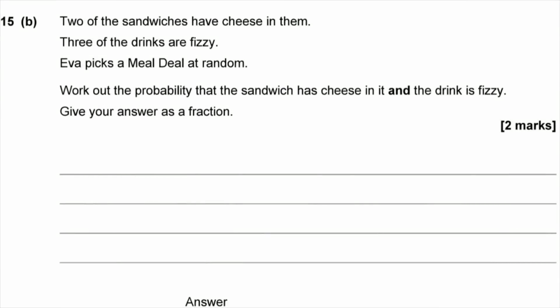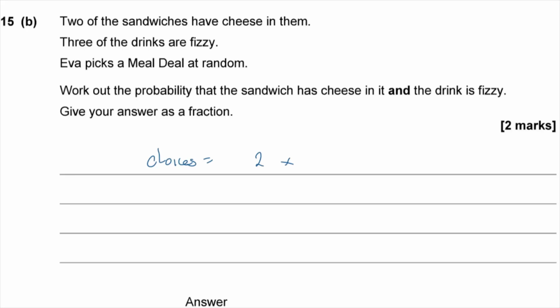15b says 2 of the sandwiches have cheese in them and 3 of the drinks are fizzy. Either picks a meal deal at random. Work out the probability that the sandwich has cheese in it and the drink is fizzy. Give your answer as a fraction. Okay, well, the number of combinations that have cheese in it and are fizzy: how many different choices has she got for those? She's got 2 types of sandwich to pick from.